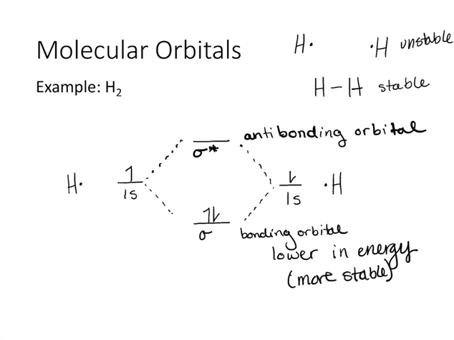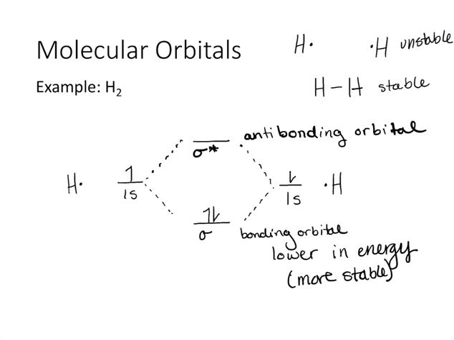And remember that these bonding and anti-bonding molecular orbitals come from the fact that electrons exhibit wave-like behavior. So you might recall that electrons have wave-particle duality. So they can kind of exist as a wave and a particle at the same time.